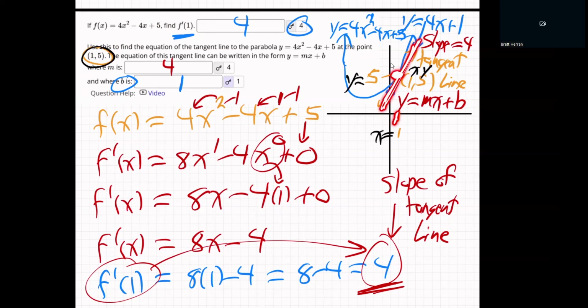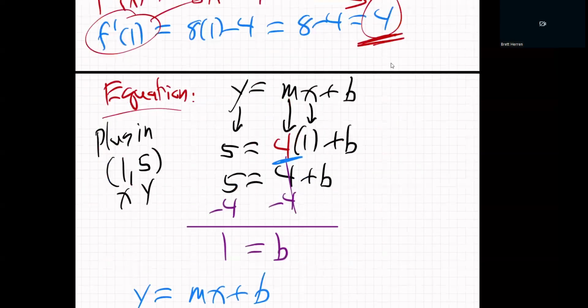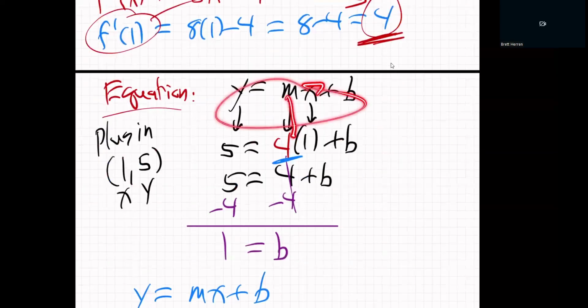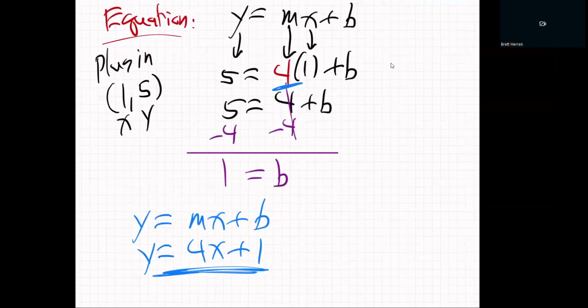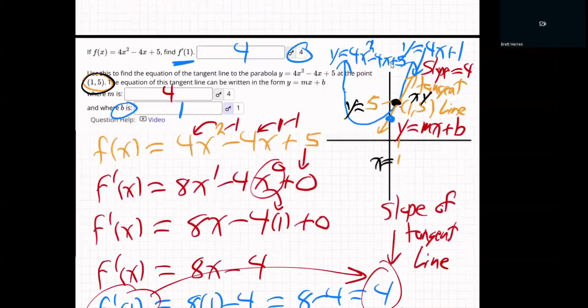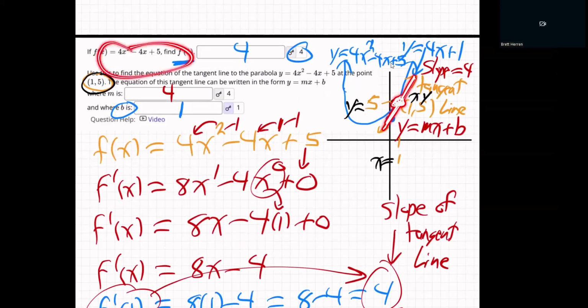And then we can find the whole equation of that little tangent line by doing the y equals mx plus b, put in the slope 4, the m, the x, the y, solve for b, and we got the equation of that little tangent line that barely nicks our original function. And there we go.